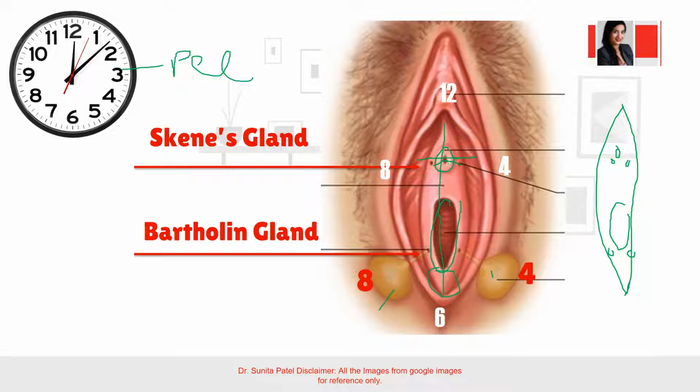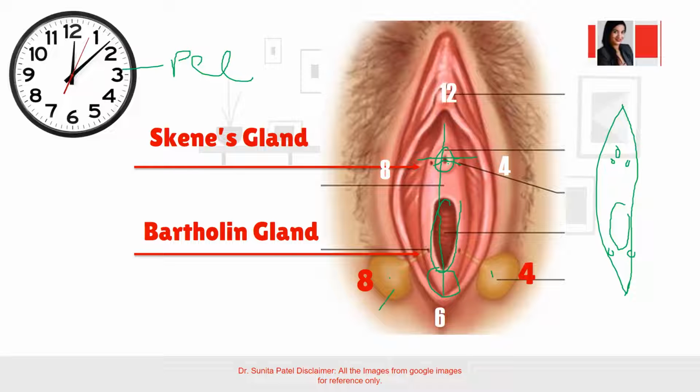We call this gland the paraurethral gland, because it is on both sides of the urethra. We can also name it the opening of the Skene's gland, because beneath it the bulb of vestibule is present. So the name is the opening of Skene's gland or the opening of the paraurethral gland.